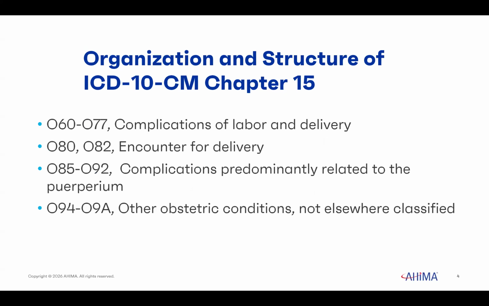Later on, we get into the codes involving labor and delivery. So you can see here O60 through O77, complications of labor and delivery, O80, O82, encounter for delivery, O85 through O92, complications related to postpartum period or puerperium, and other obstetric conditions not elsewhere classified.